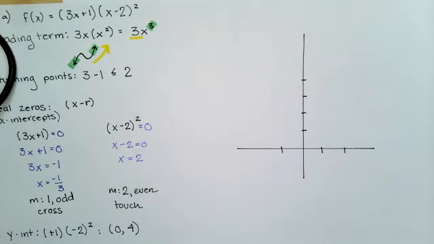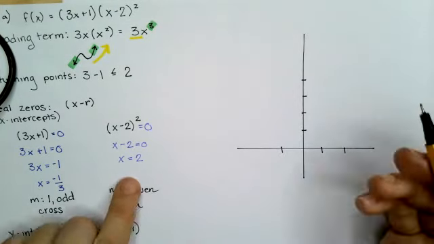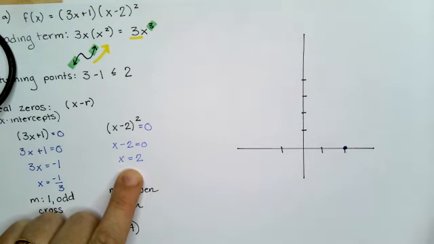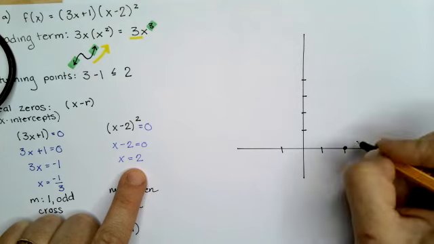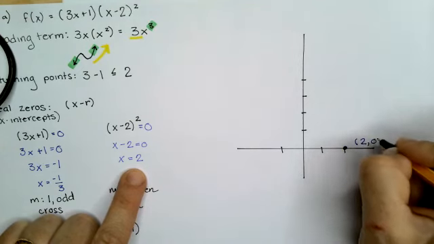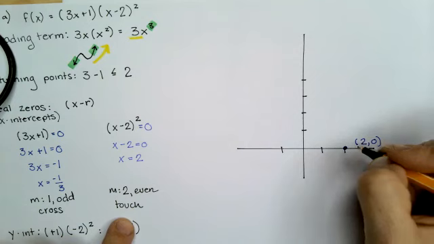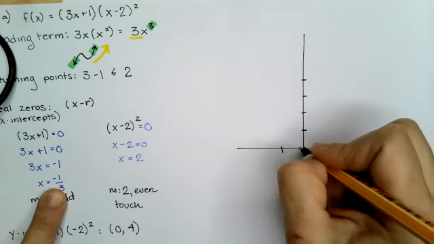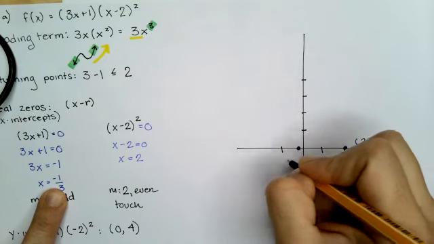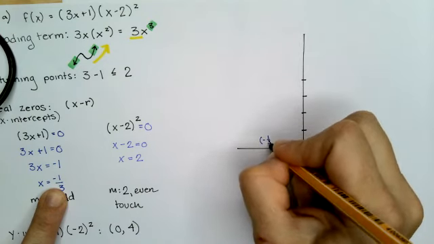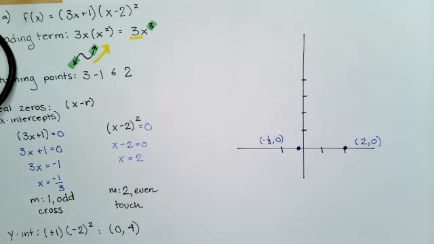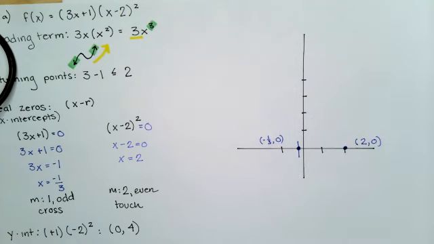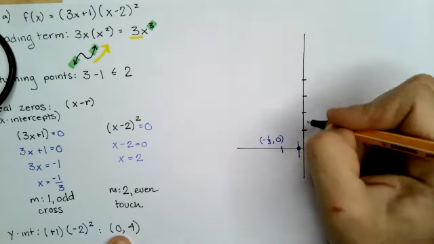All right. Our points are where x is 2, that means my first x-intercept is right here. It touches only, so it's going to come up or go down. Negative 1/3, I'll put that right here at the point negative 1/3, 0. It's going to cross. Good. And then 0, 4.